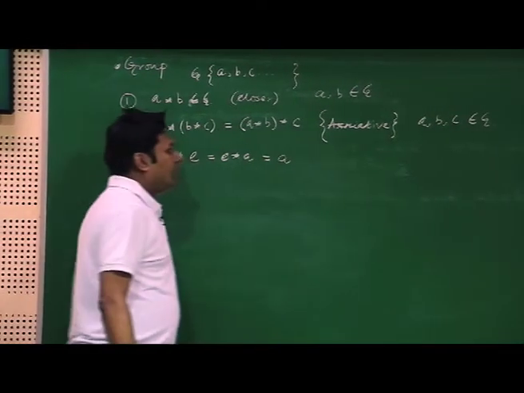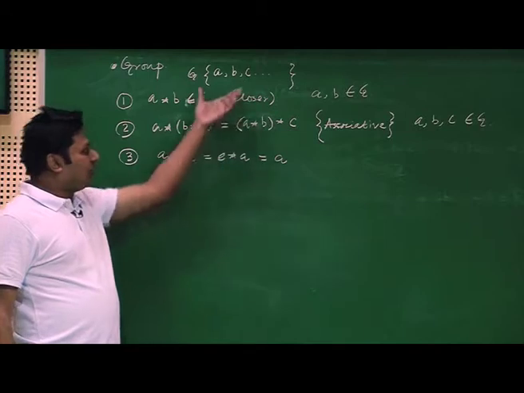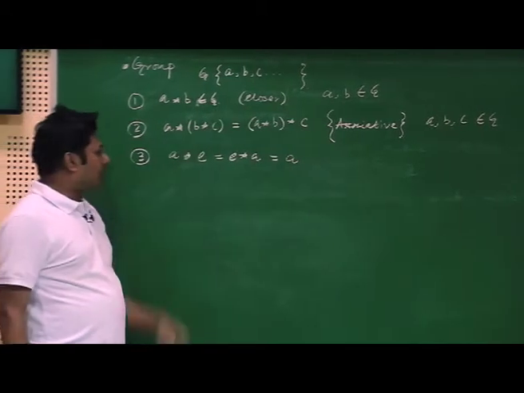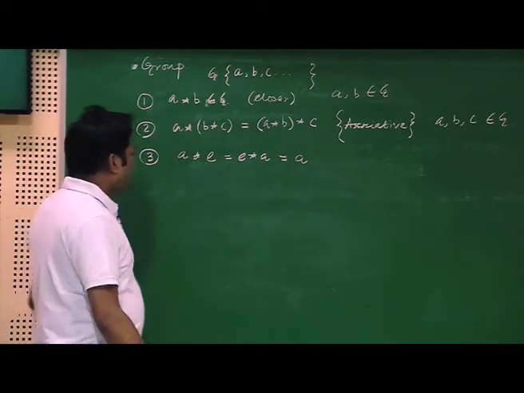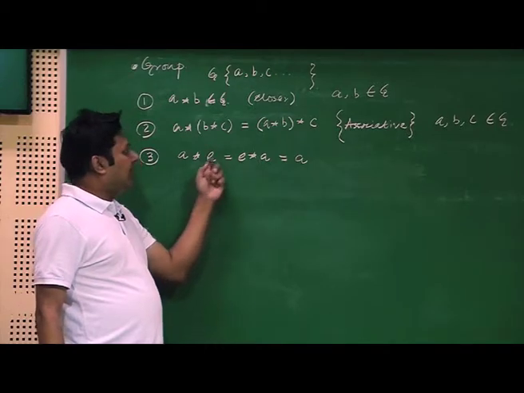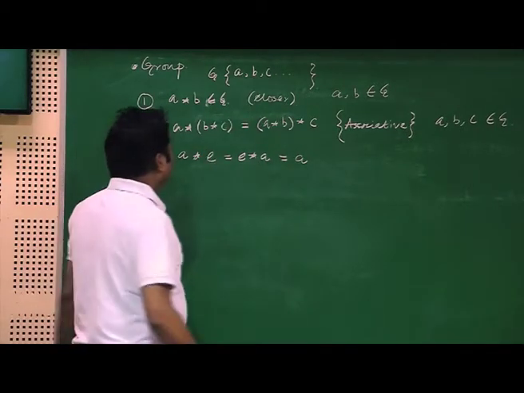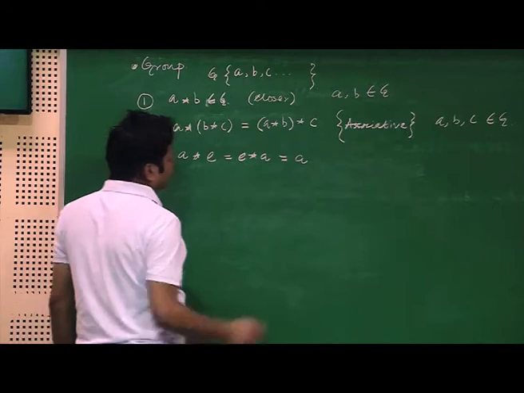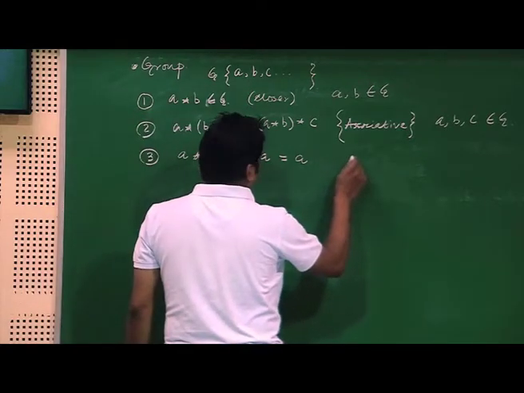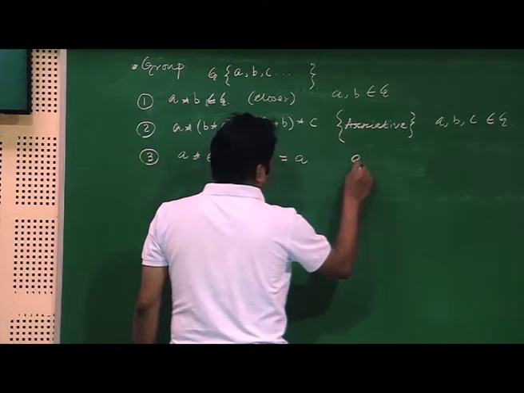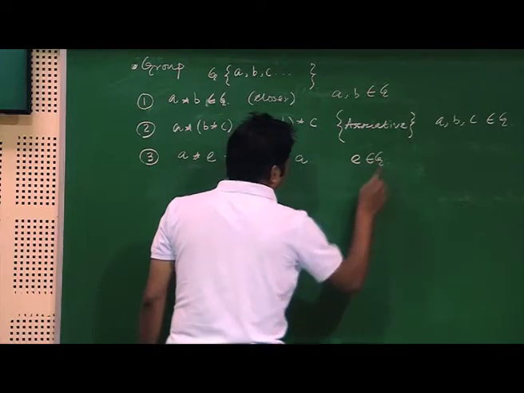Every time we should note that all the elements that I am taking are from this group, and that is trivial. So, here also E is some element that is inside this set G. So, E belongs to G.